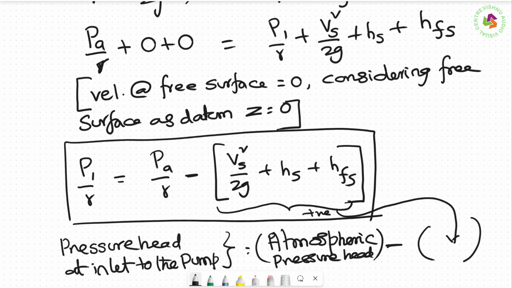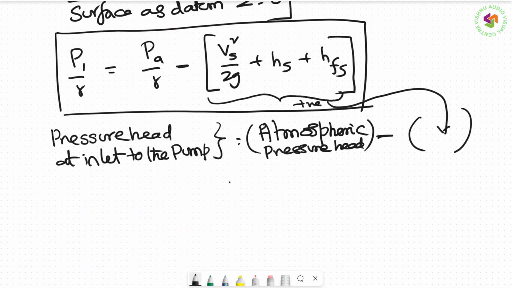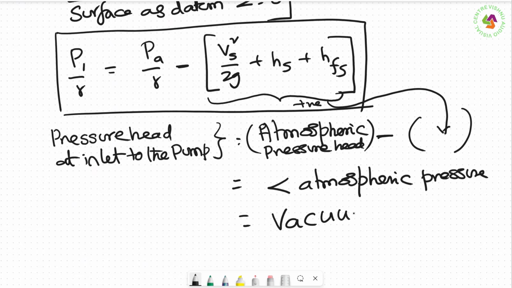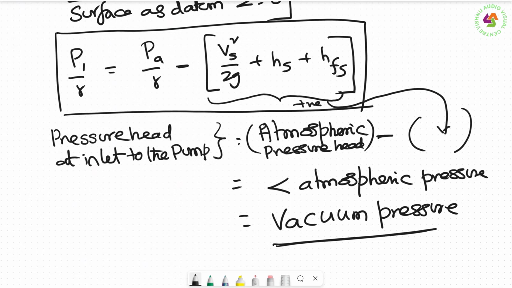Therefore, this pressure head is less than atmospheric pressure. That is, it is vacuum pressure. So kindly remember, in the suction pipe, what pressure will be there? It is vacuum pressure. It is less than atmospheric pressure. This is the point you should remember.